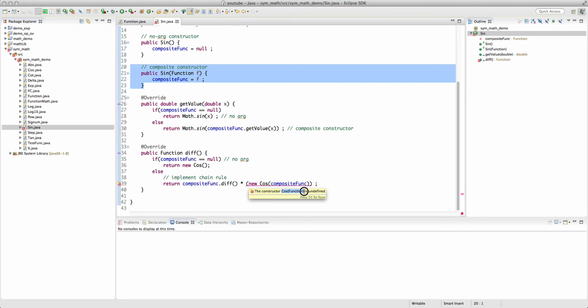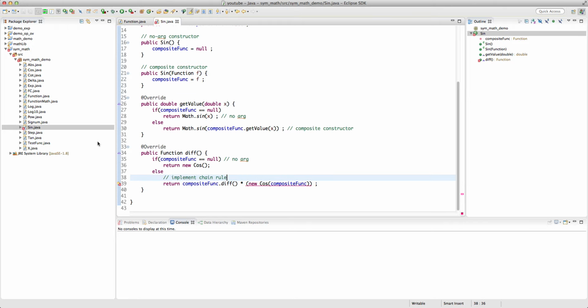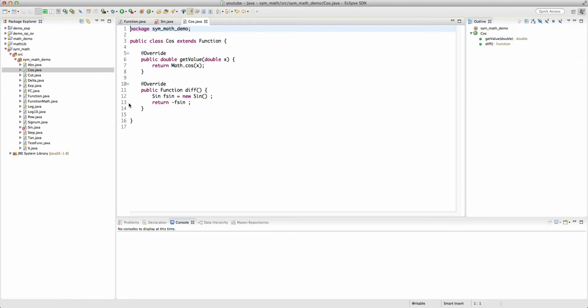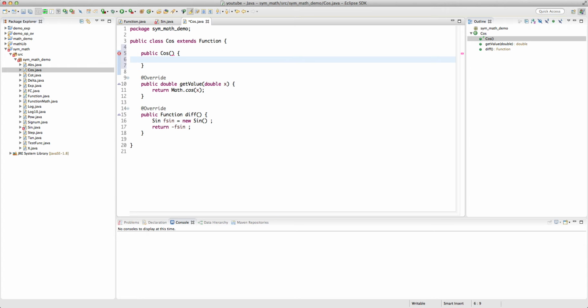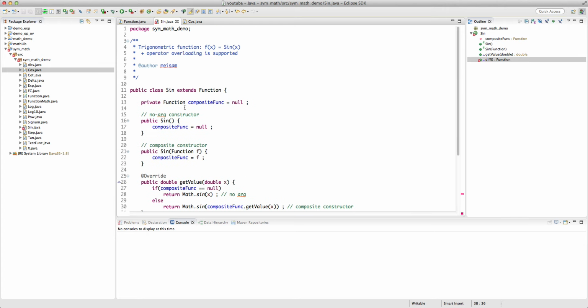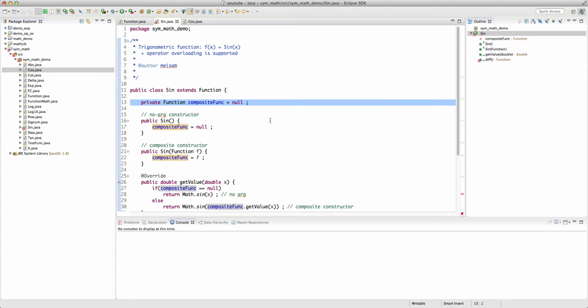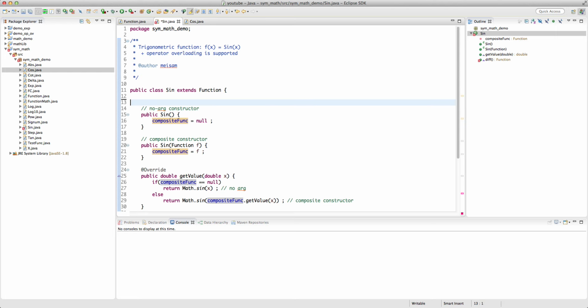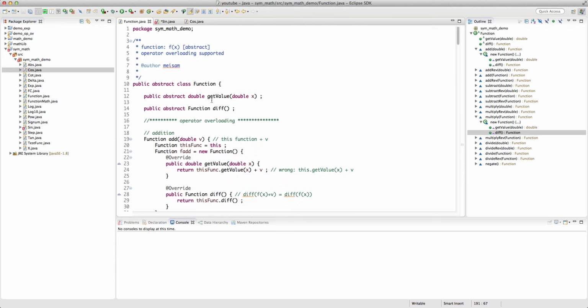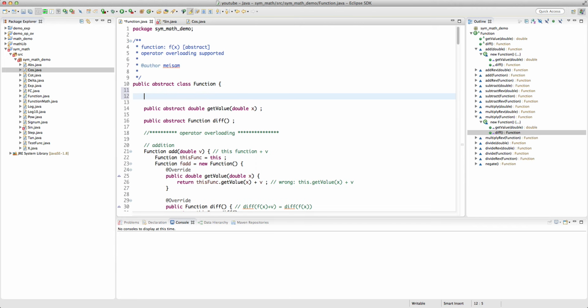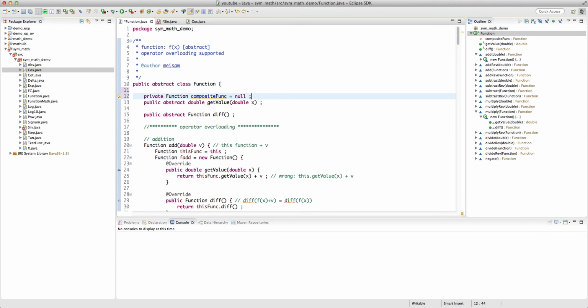But right now it complains because I haven't implemented the composite constructor for Cosine. The constructor Cosine of the function is undefined. So let's head to Cosine, and here we have the public Cosine. Because this composite function is going to be shared amongst all the subclasses, I'm going to just put it here.